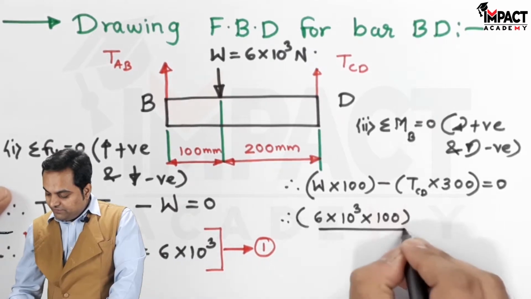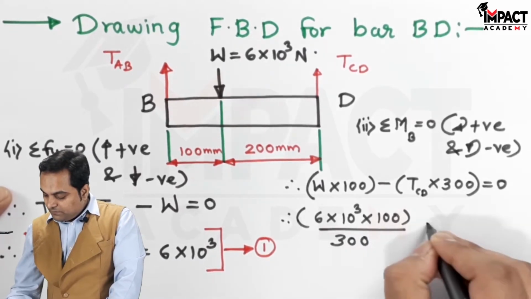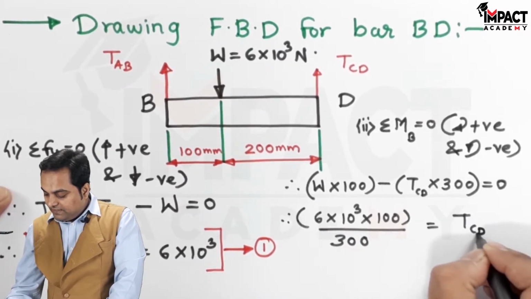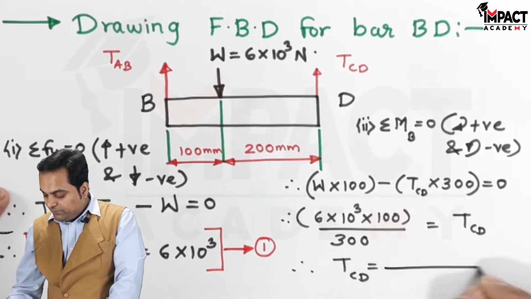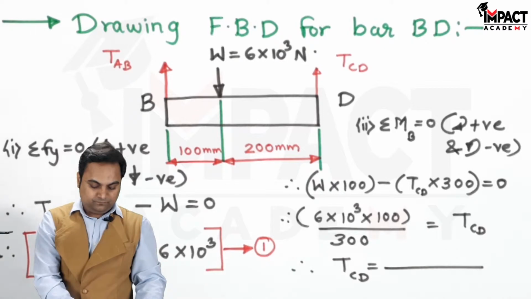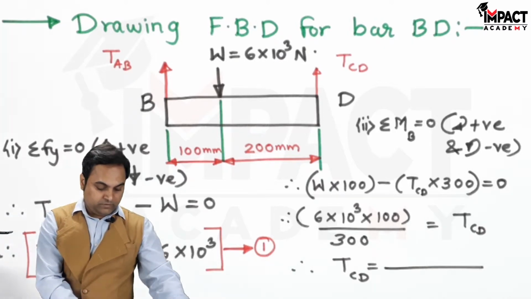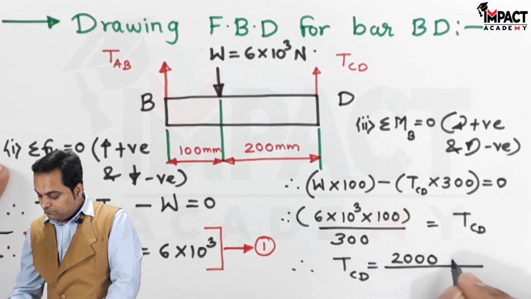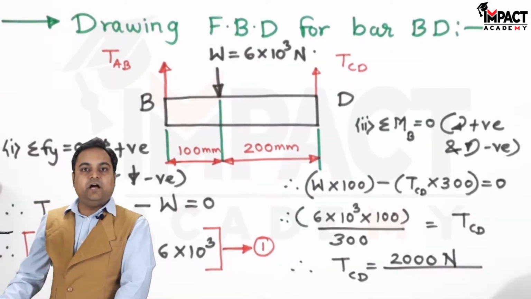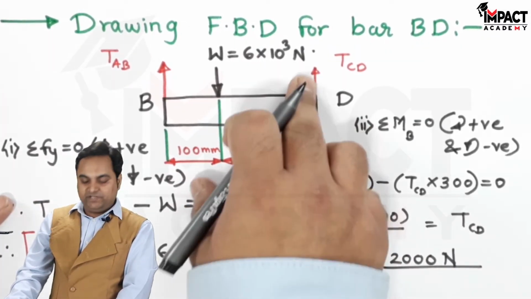So this answer divided by 300, keeping TCD on one side, I'll get the value of TCD, and my answer comes out to be 2000 Newton. So I've calculated how much is the force in string CD.